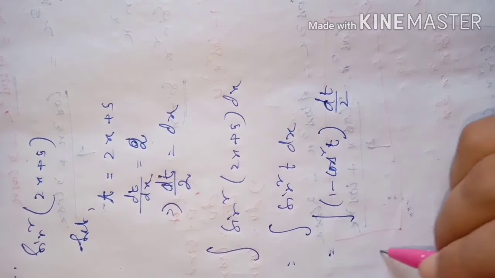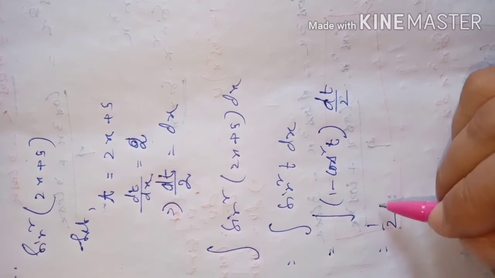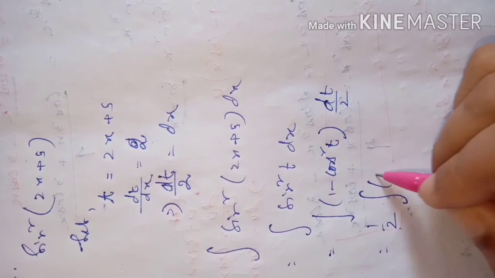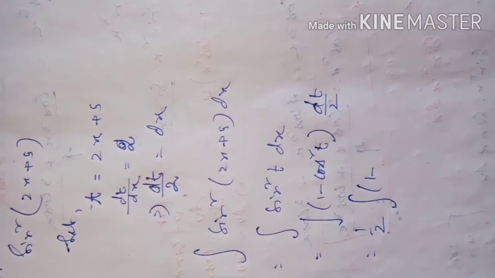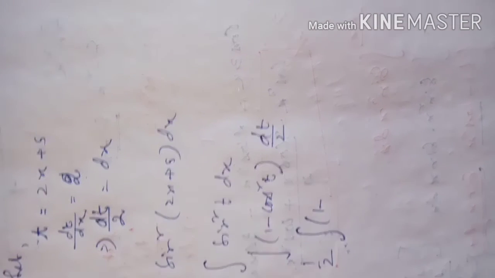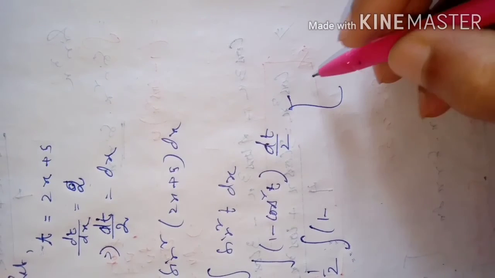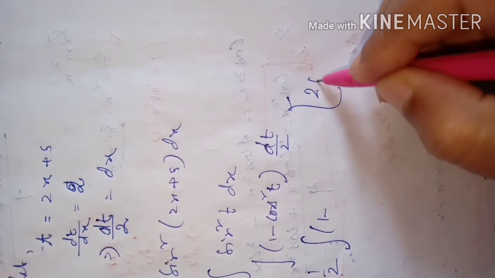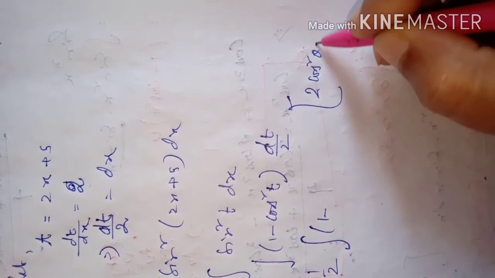Recall that 2 cos square theta is equal to 1 plus cos twice theta.